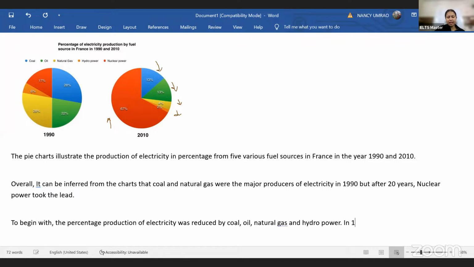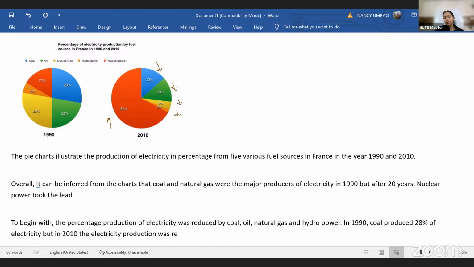In 1990, coal produced 28% of electricity, but in 2010 the electricity production was reduced.